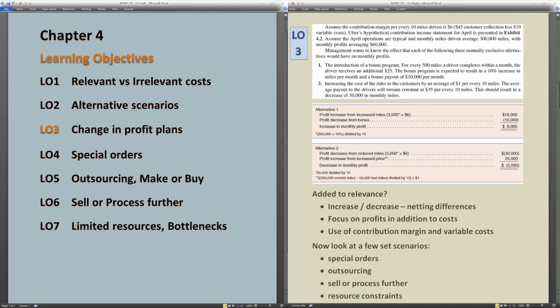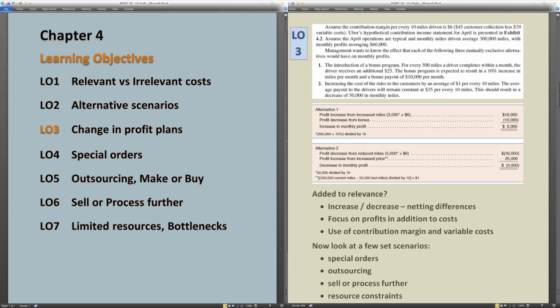And I guess the other thing I would say is these are two true alternatives, whereas the previous one was a do nothing and a single alternative. This one, in the textbook, it's actually 3 different alternatives. They're planning on doing one of the 3. So alternatives can be mutually exclusive. They can be 2 different things, and they could be both. We're doing something, just which something should we do?